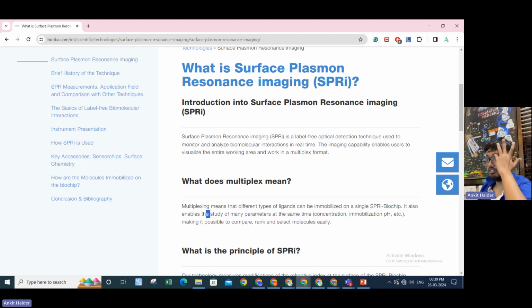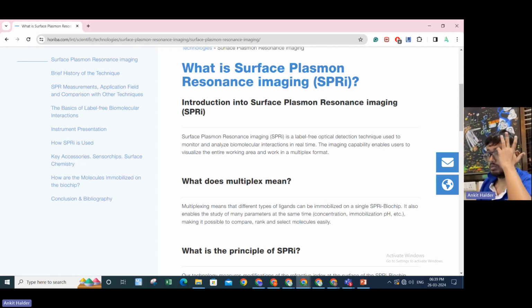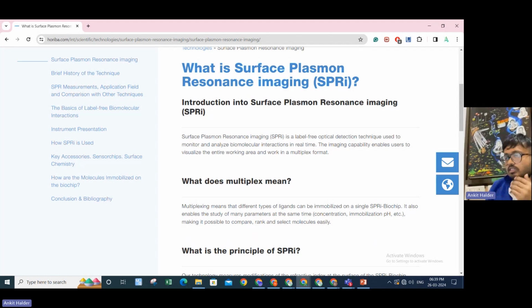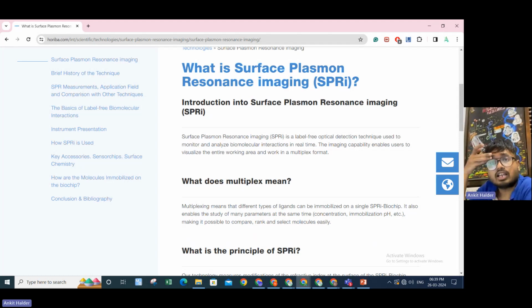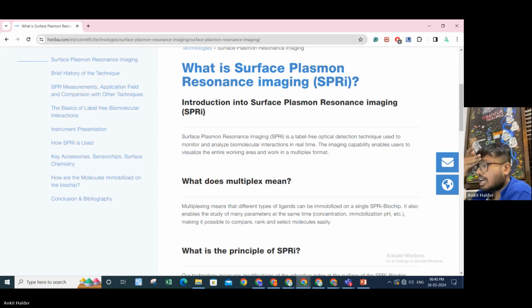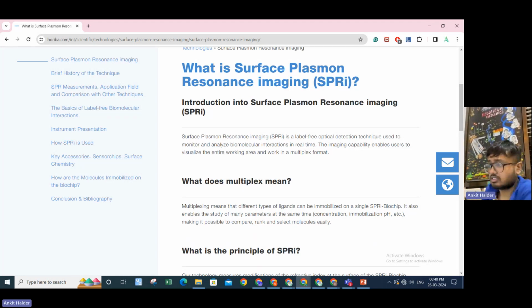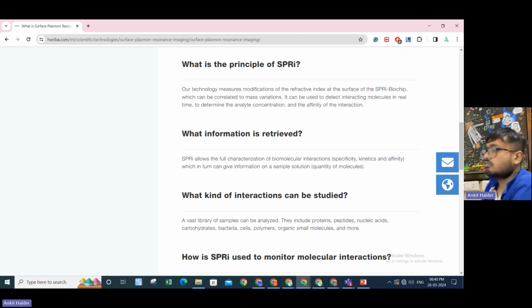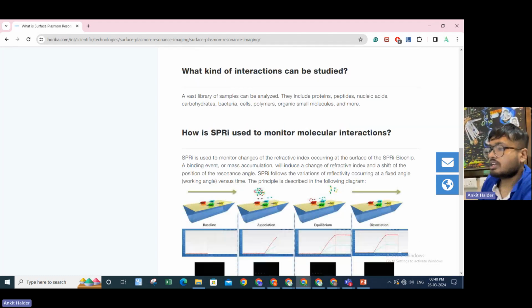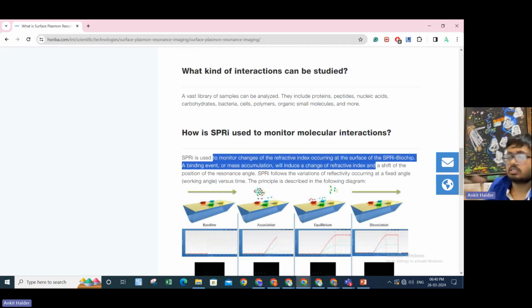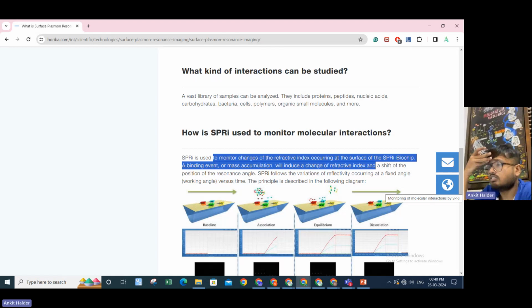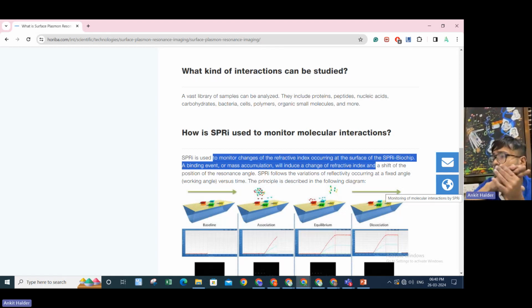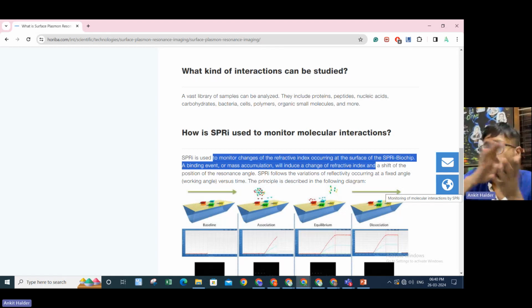It also enables the study of many parameters at the same time, such as concentration, immobilization, pH, etc., to compare, rank, and select molecules easily. SPRI is used to monitor the refractive index at the surface of the biochip. A binding event, a mass accumulation, induces a change of refractive index and a shift of the position of the resonance angle.